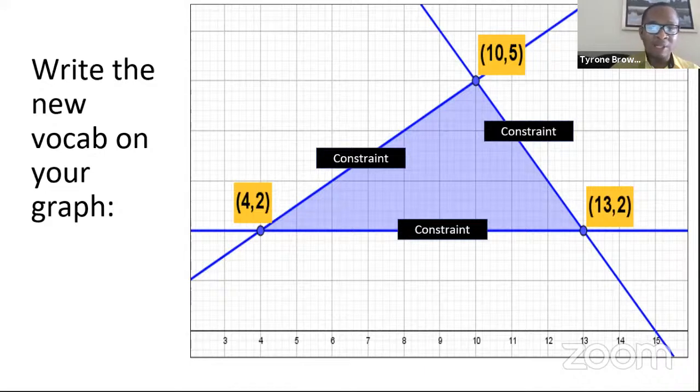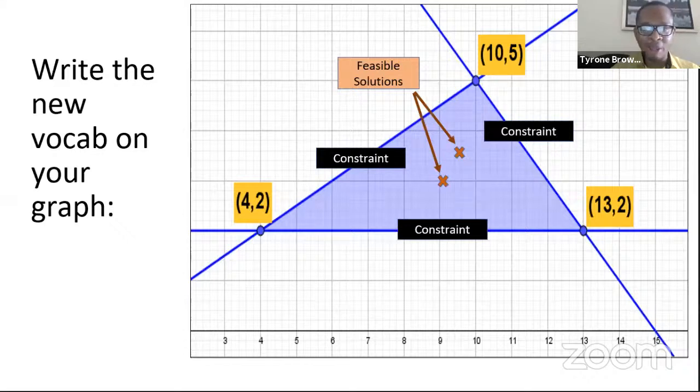So from among those constraints, we can have feasible solutions. These are possible solutions that we would have come up with based on all of the requirements and the constraints that we are faced with. And I'm hoping that you're seeing something in the graph here, that these feasible solutions are bounded by these constraints, and it forms, in this case, a triangle.